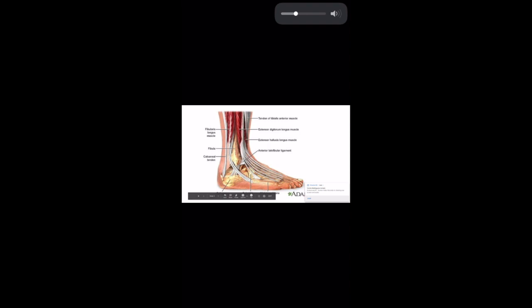These are some of the tendons, ligaments, and muscles that can be involved in an ankle sprain.